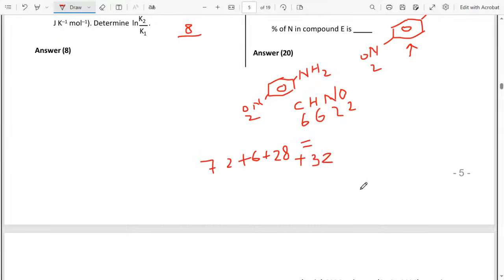So how much is it going to give? 60 plus 78, so 138, right? So total molecular weight is 138.